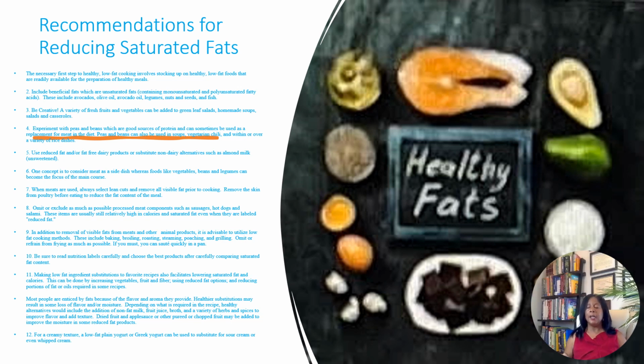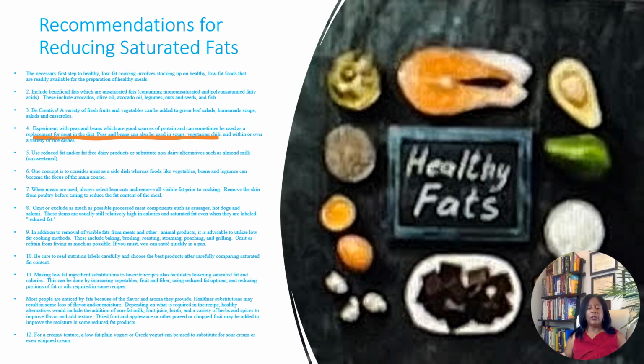So depending on what is required in your recipes, healthy alternatives would include addition of non-fat milk, fruit juice, broth, and a variety of herbs and spices to improve the flavor and add some texture. Dried fruit and applesauce or other pureed or chopped fruit may be added to improve moisture in some reduced fat recipes.